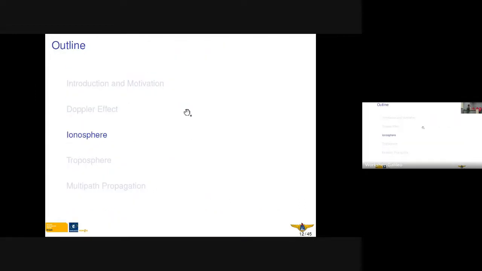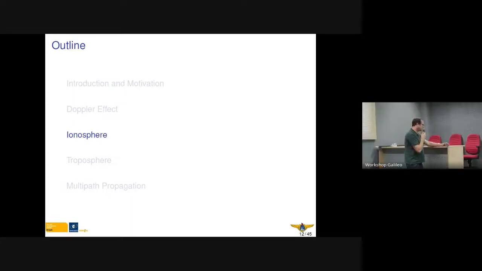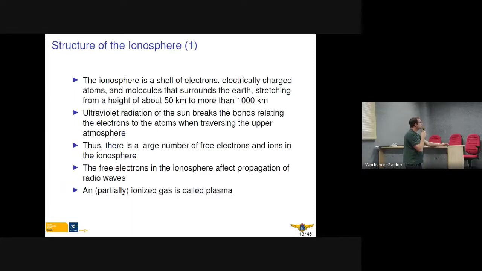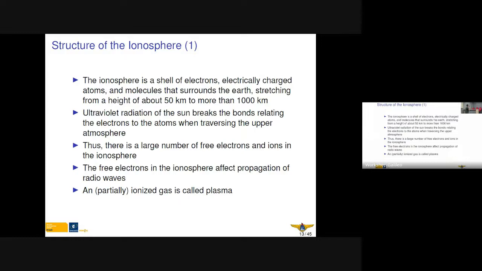Let's move on now from the Doppler effect to the ionosphere, and let's see how the ionosphere is affecting our signal. The ionosphere is a shell of electrons and electrically charged atoms and molecules that surrounds the Earth, stretching from a height of 50 to 1,000 kilometers.